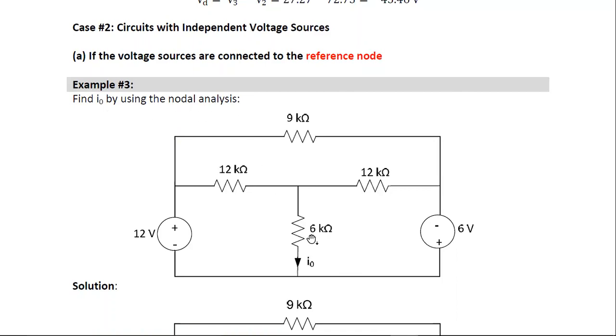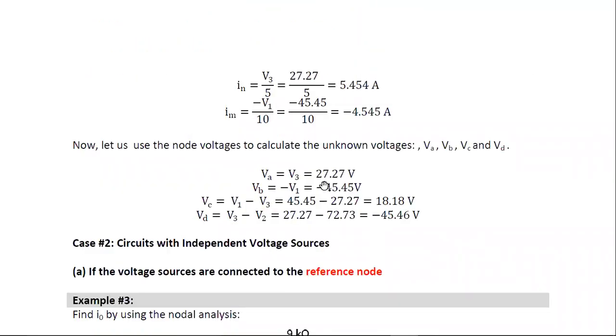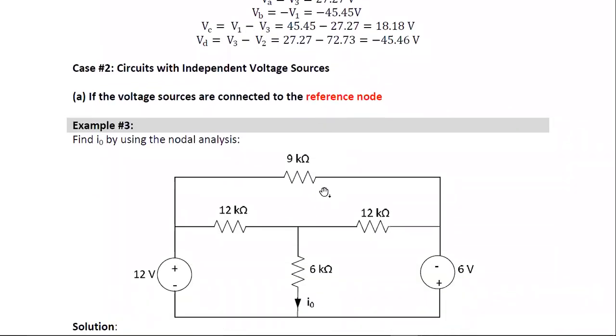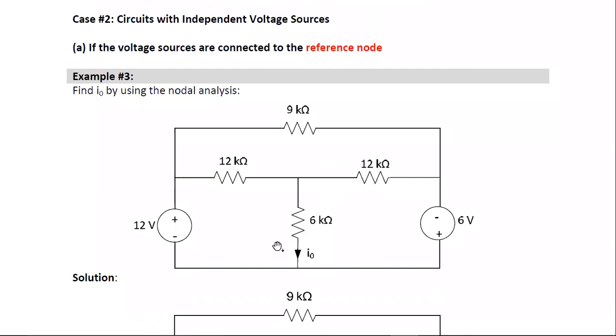Here I naught is this one. If you observe the circuit diagram, this is 12 volts and this is 6 volts. Please observe the signs: this is positive and negative, and this is negative and positive.